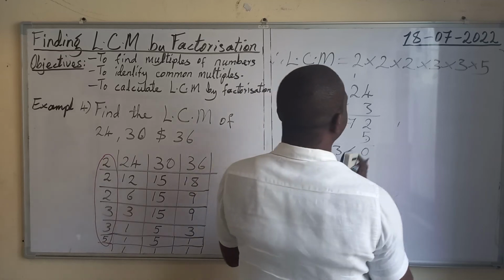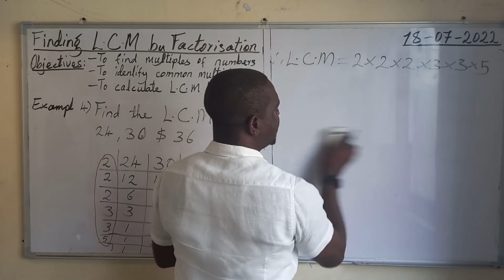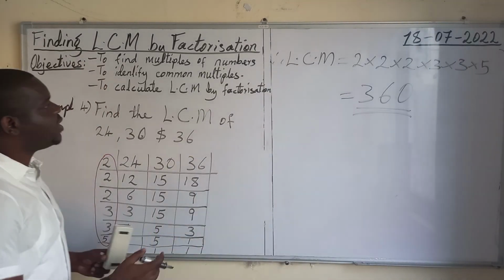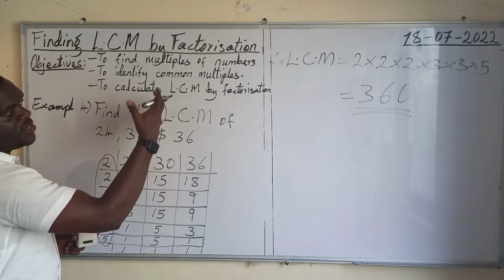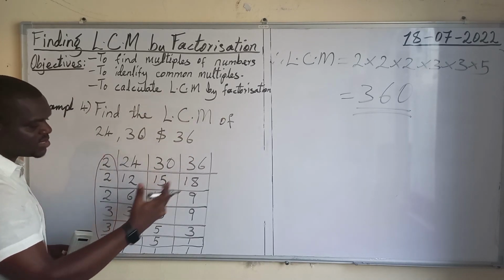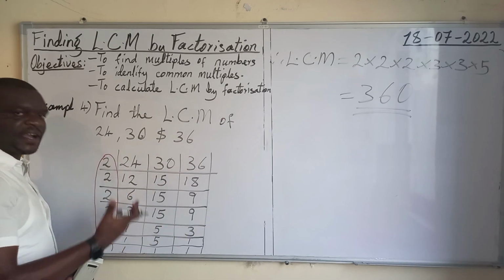And so our answer will be 360. So this is how you can find the LCM of given numbers by means of factorization.